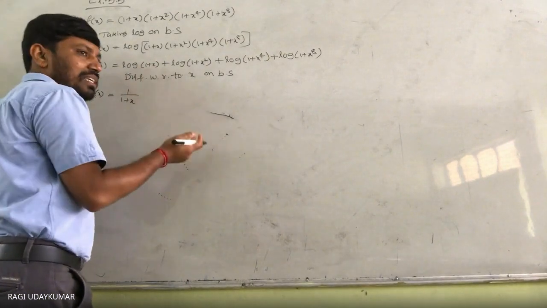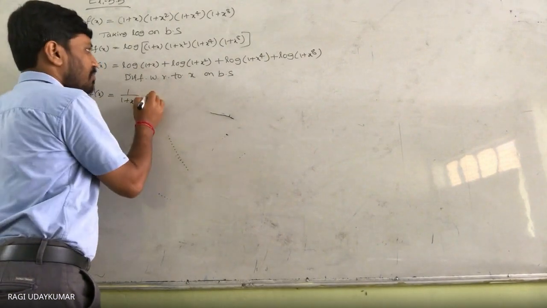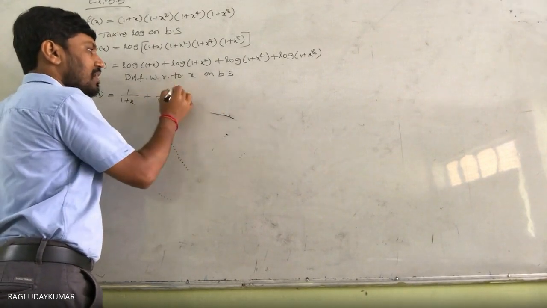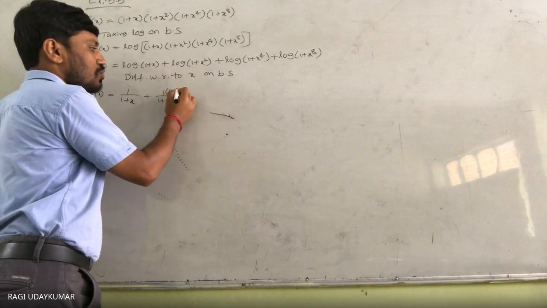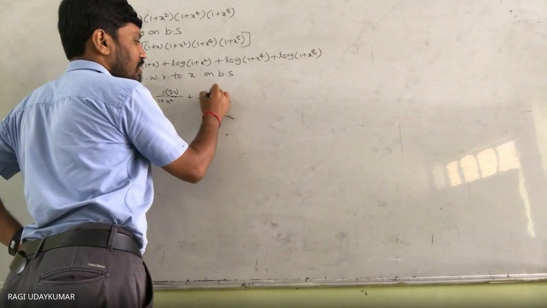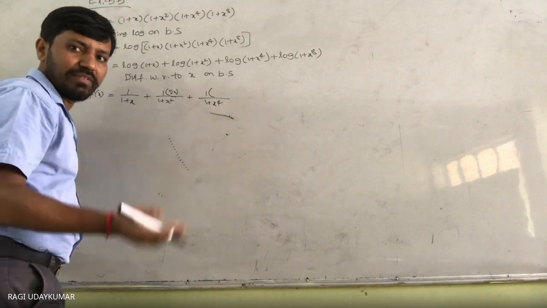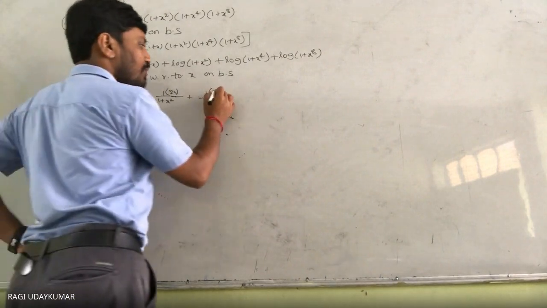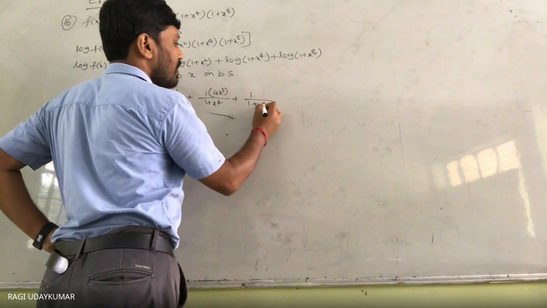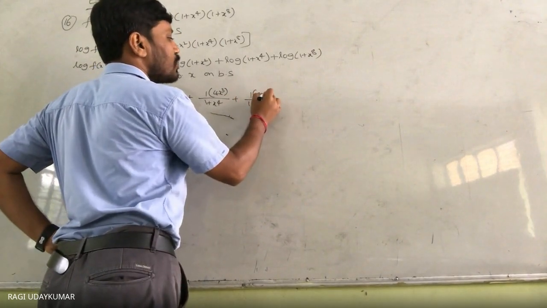So 1 by 1 plus x differentiation is 1, plus 1 by 1 plus x square, the differentiation of the 1 plus x square, that is 2x, plus 1 by 1 plus x to the power of 4, differentiation of the 1 plus x to the power of 4, 4x cube, plus 1 by 1 plus x to the power of 8, 8x to the power of 7.